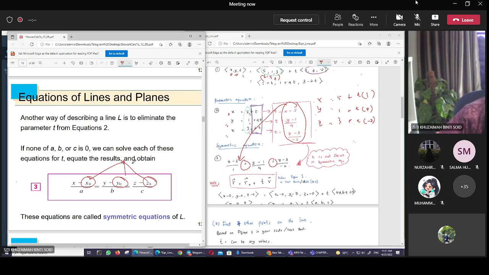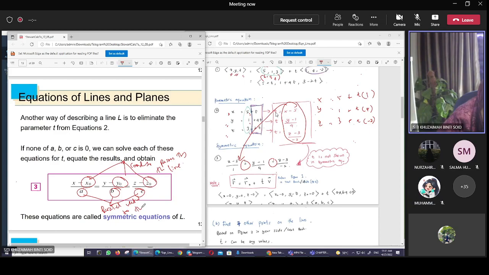It is the point the line passes through, right? And A, B, C, what is that? The parallel vector, right? To the line.